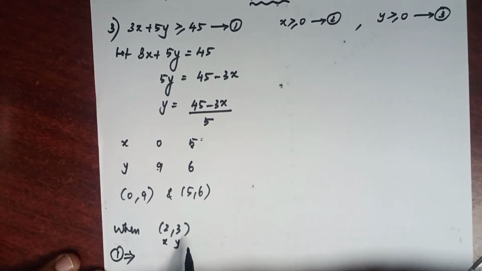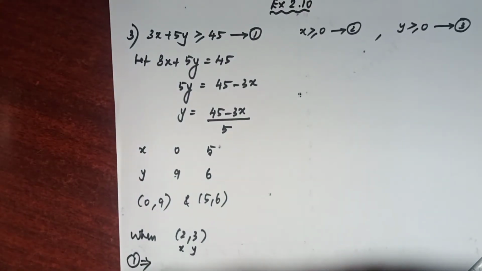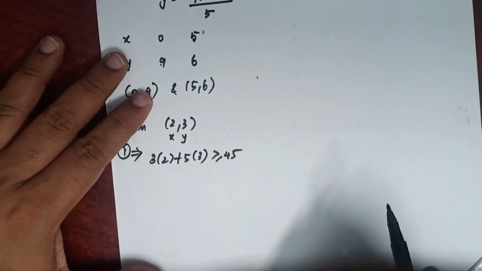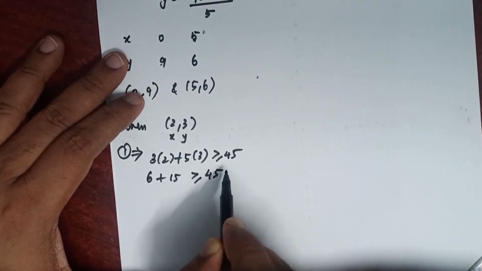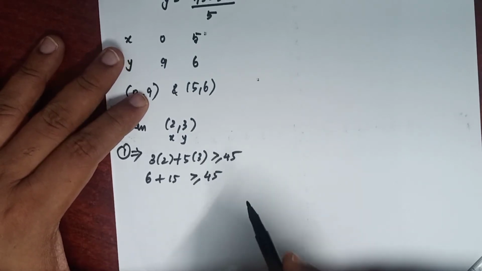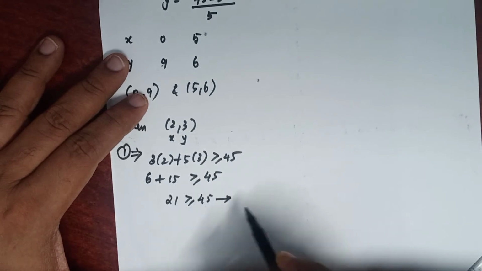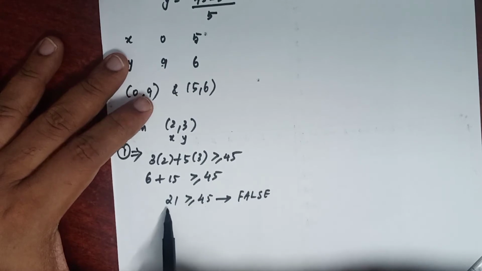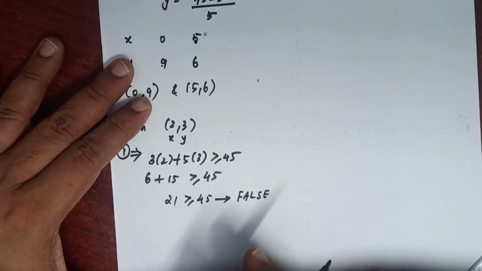Substitute x equals 2 and y equals 3 here. 3 into x value 2, 5 into y value 3, which is greater than or equal to 45. 3 2s are 6, 5 3s are 15. 6 plus 15 is 21, which is greater than or equal to 45, that is false. 21 is actually less than 45, so it is false.